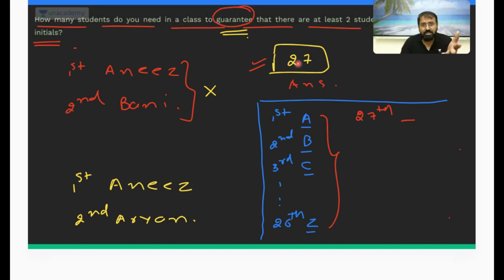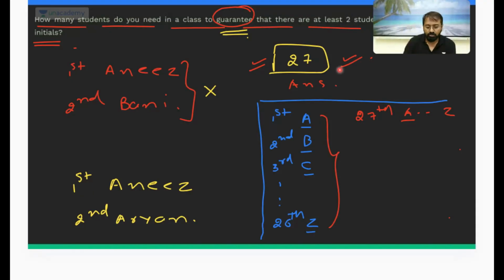Same initials, matlab I'm talking about letters. है ना? So the 27th student will have anything from A to Z. So that will ensure at least two students' names are starting from the same letter. Is that correct, everyone? Have you all understood? Come on, confirm once, please. Okay, so the answer should be 27.